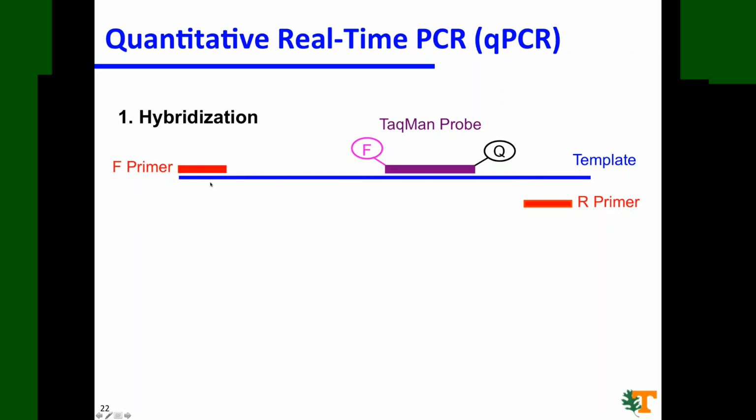Then you have a primer that binds to this target template DNA, and you have a probe that binds to the template DNA in proximity to the primer. The probe has a fluorophore and a quenching molecule. In this configuration, there's no fluorescent light emission because the quencher prevents the fluorophore from emitting fluorescent light.